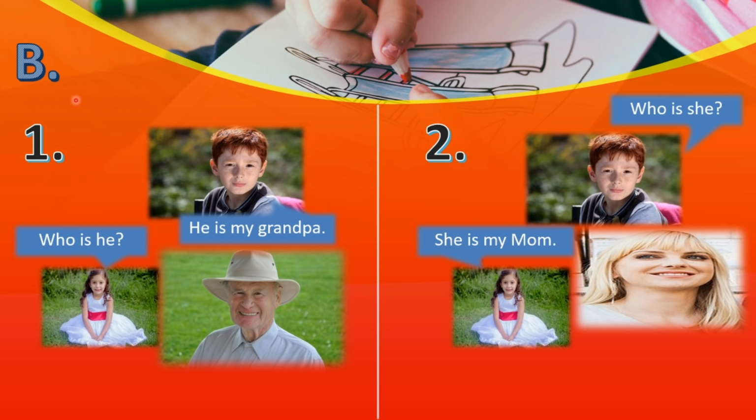Now let's go to activity letter B. Ask and answer. So here we can practice asking questions and also answering the question, who is he or who is she? Okay, let's have number 1. Who is he? He is my grandpa.